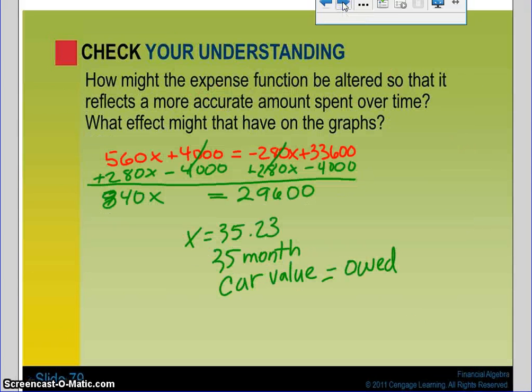All right, how might this expense function be altered so that we reflect a more accurate amount spent over time? Really the answer there is we would include monthly maintenance because it goes into the value or the cost of the car.